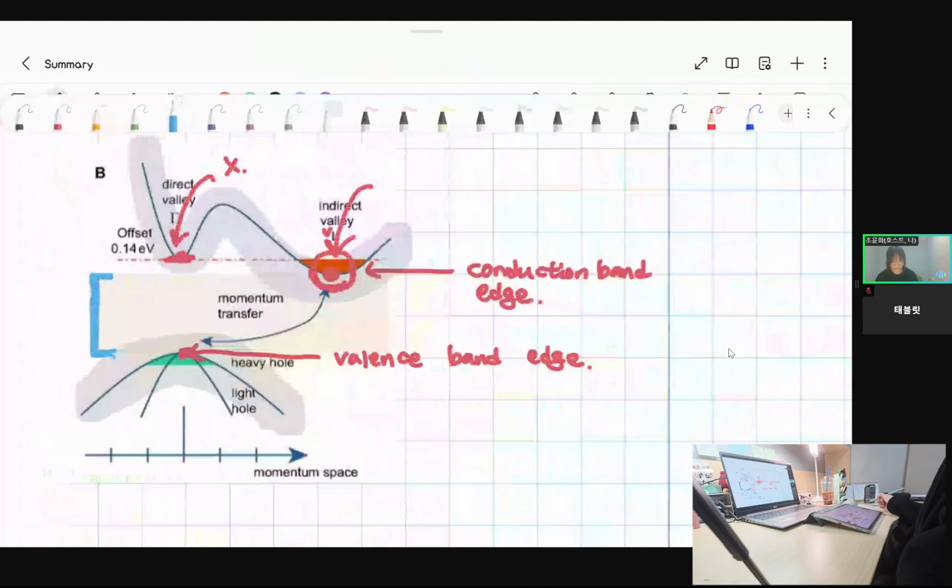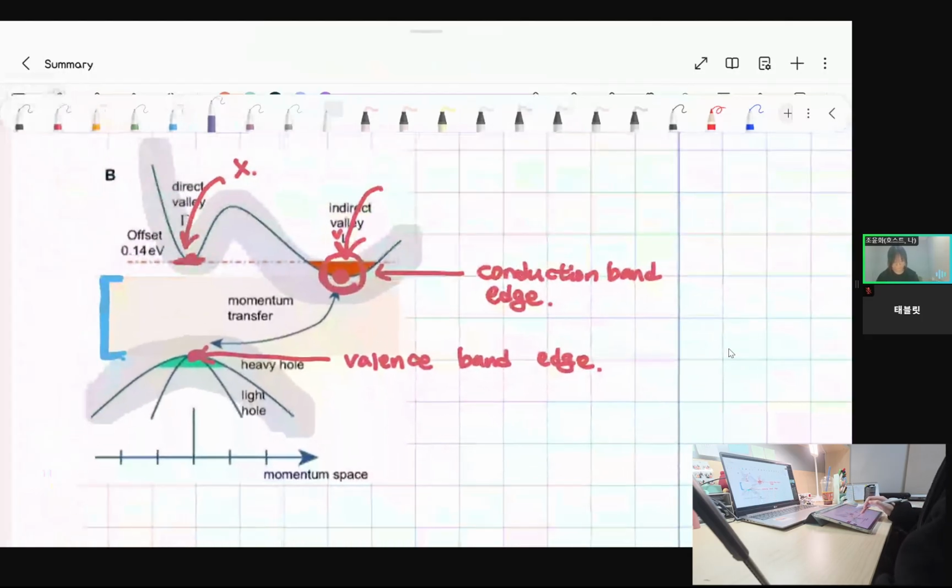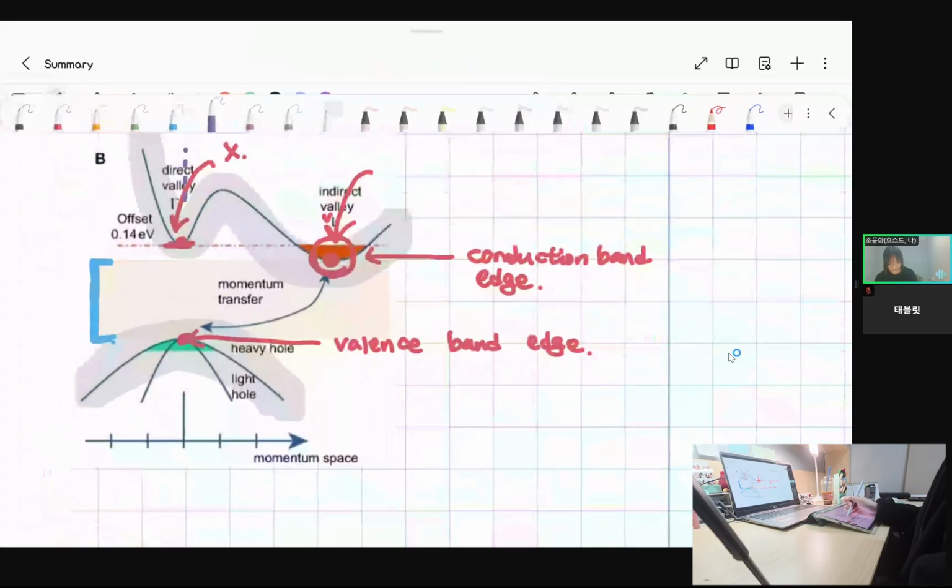But there is one problem. That is the difference from the previous EK diagram. The alignment is different. We have a difference between that position and that edge position.